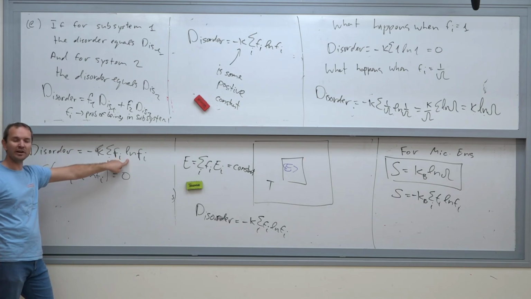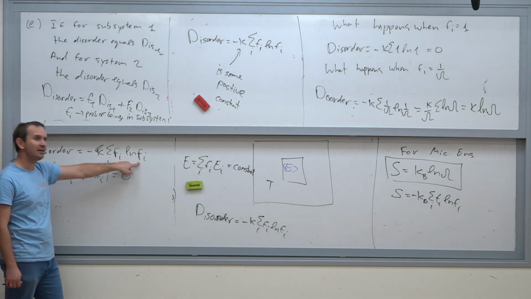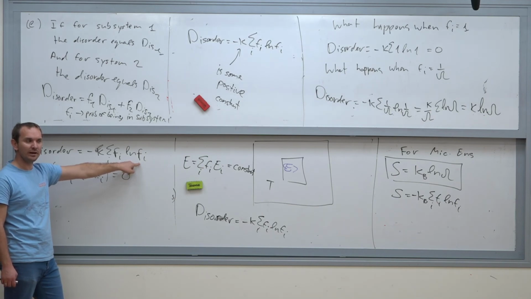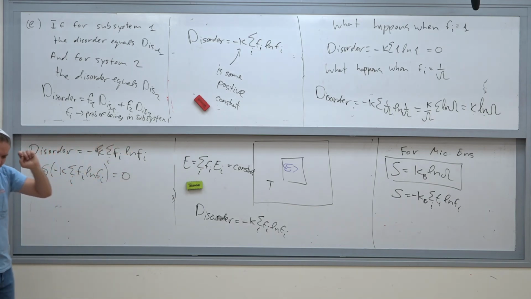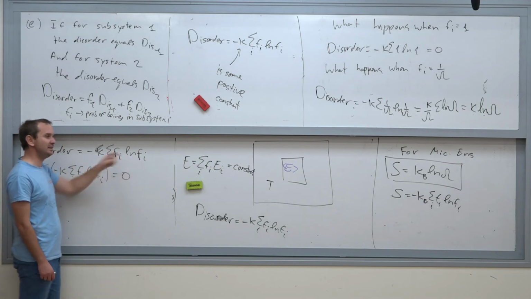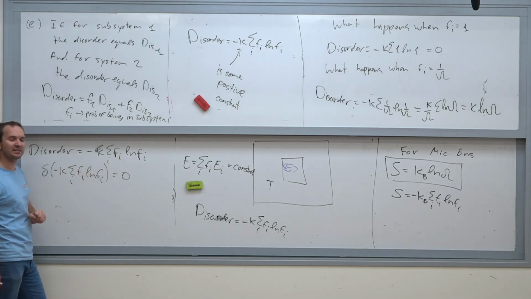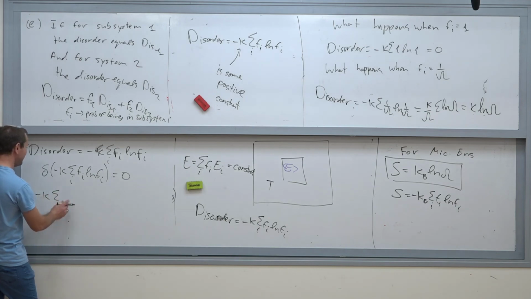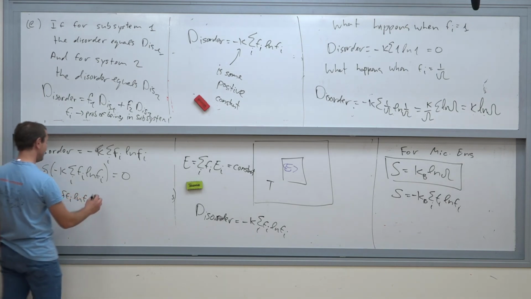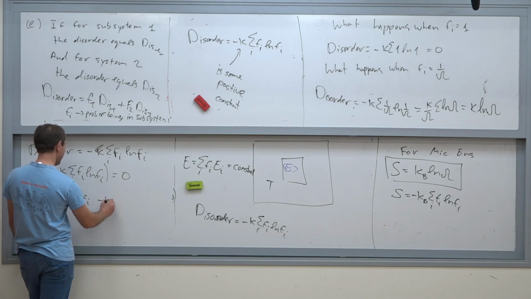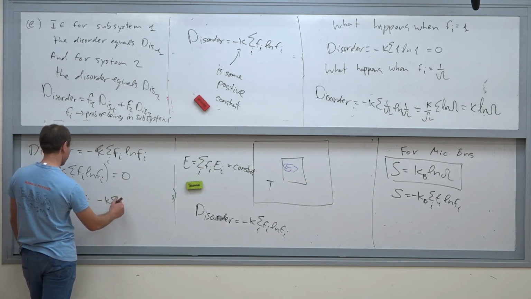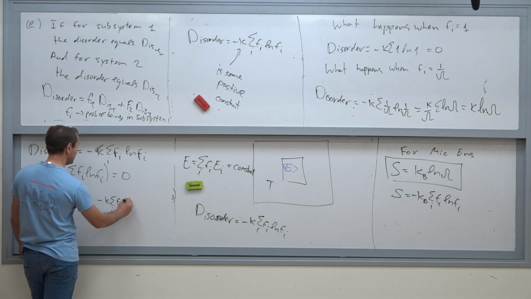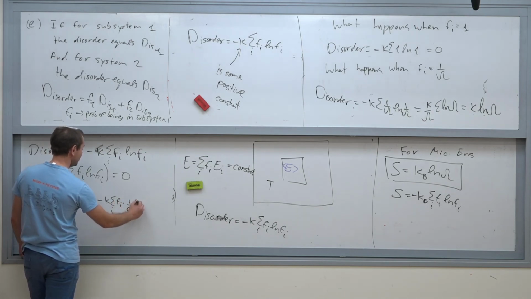So I have a lot of variables. What are my different variables? The Fi's are my variables. Okay? And I want to find exactly the specific point. What are the values of all the different Fi's when this guy gets maximal? Okay, so what is this variation? It's basically minus k sum of i, delta Fi, log of Fi, minus k sum of i, Fi multiplied by 1 over Fi, delta Fi.